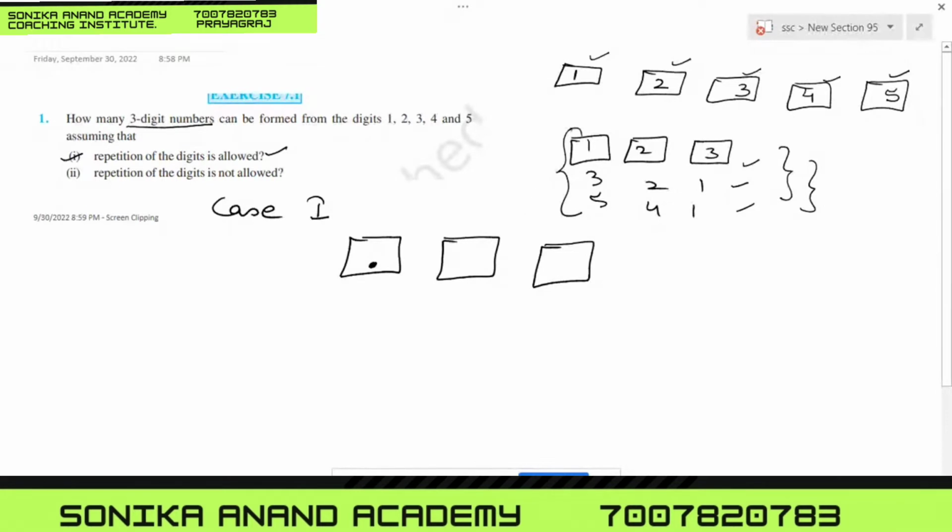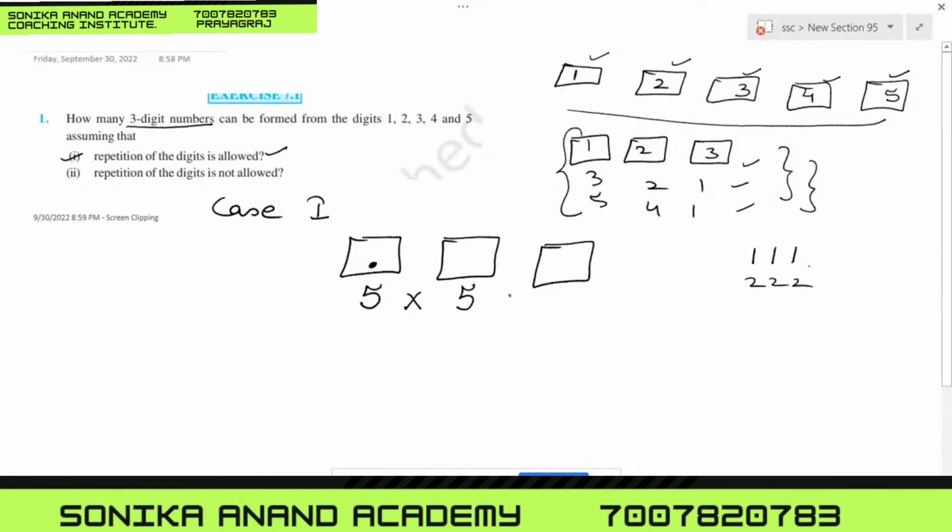So how many choices do we have? 5 choices I have. So I will write here 5 ways, then into. Another, repetition is allowed, so again 5 ways. I can also make like this: 1, 1, 1, 2, 2, 2. Okay.